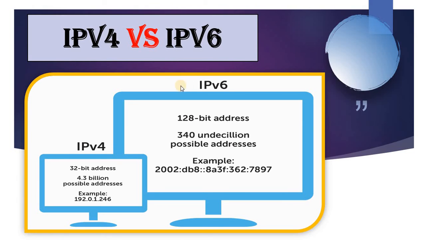Okay, so IPv6 was launched in 1999 and it is a 128-bit address. IPv4 only carries 4.3 billion possible addresses, but IPv6 can carry 340 undecillion possible addresses. The example has been written in the hexadecimal system. Okay.